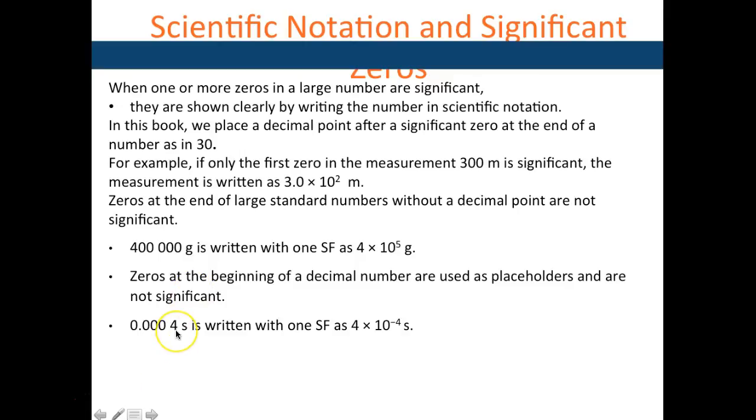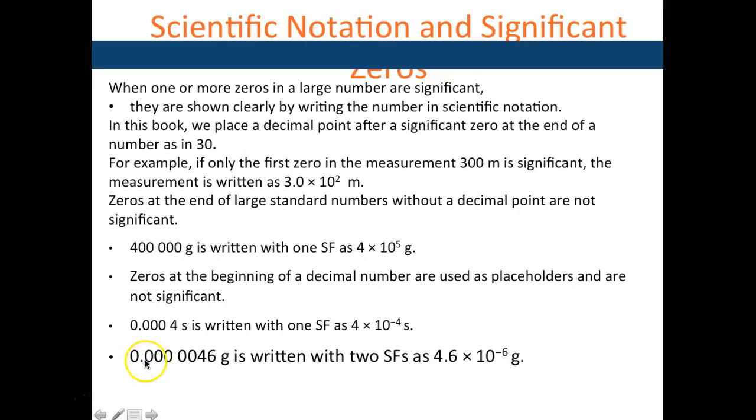Similarly here, if you write this as 4 times 10 power negative 4, then you'll see that just the 4 is significant. Or if you move that decimal point 1, 2, 3, 4, 5, and then 6, you get 4.6 times 10 power negative 6, so you have 2 sig figs.